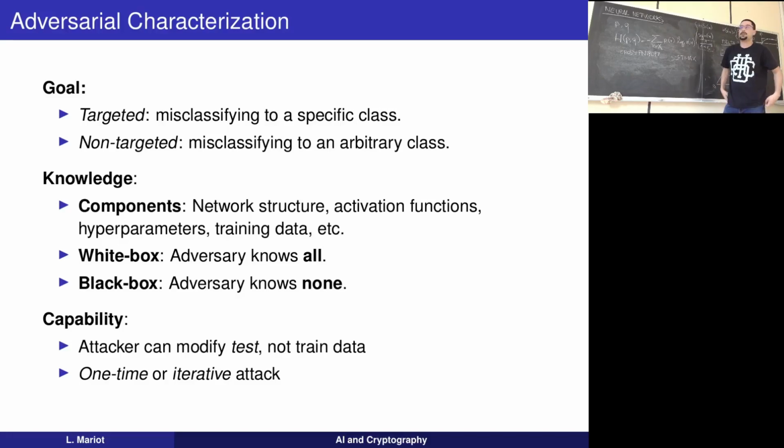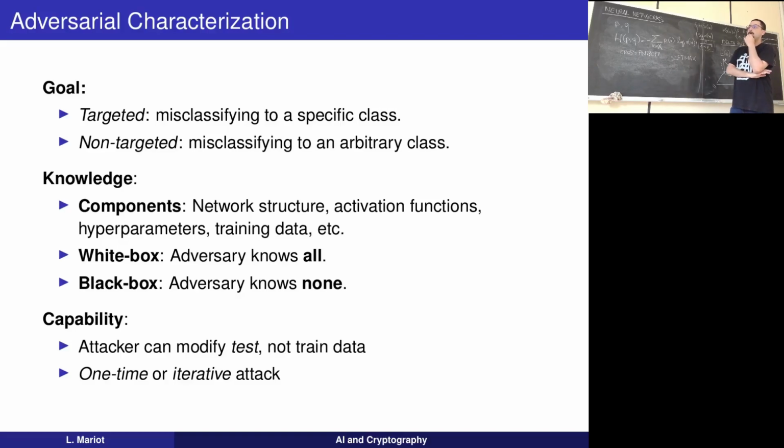For the knowledge that the adversary has, there are several components that he can know about the neural network he's trying to attack. It could be the network structure, the architecture, like a multi-layer perceptron or a convolutional neural network, the type of activation functions, and the hyperparameters used to train the network, for example the number of epochs for optimizing the loss function.